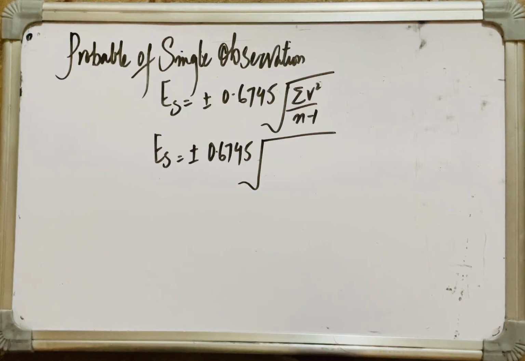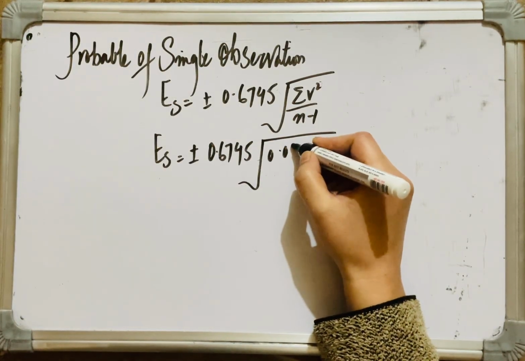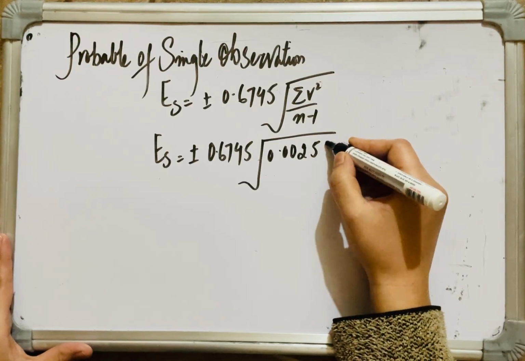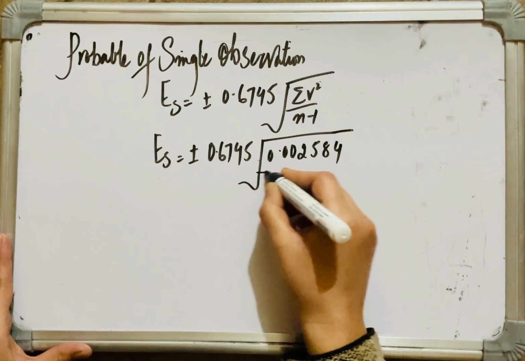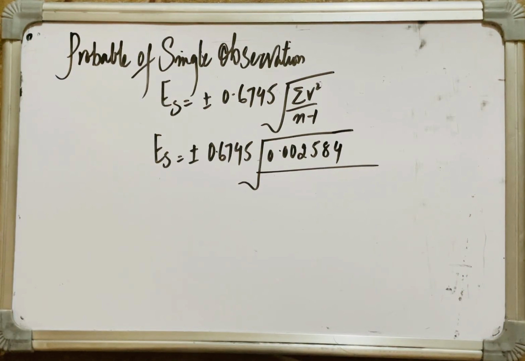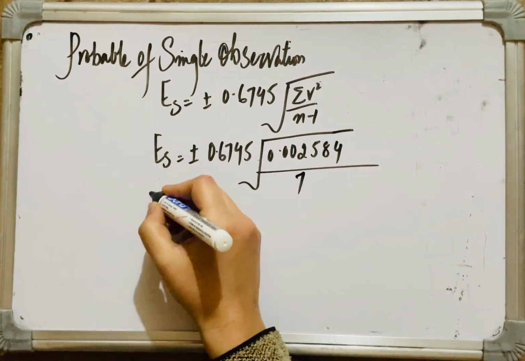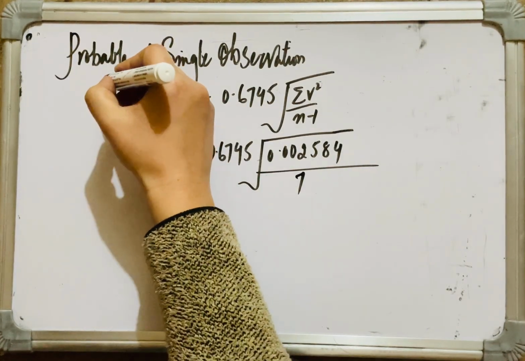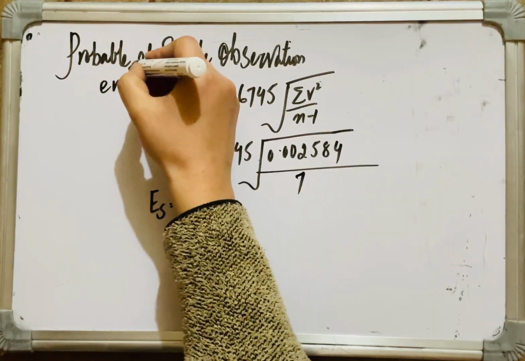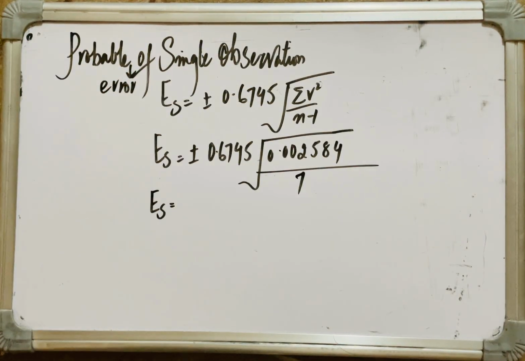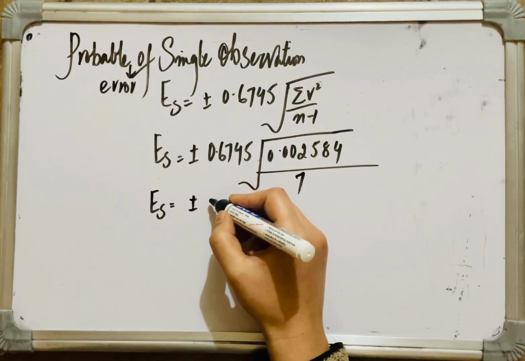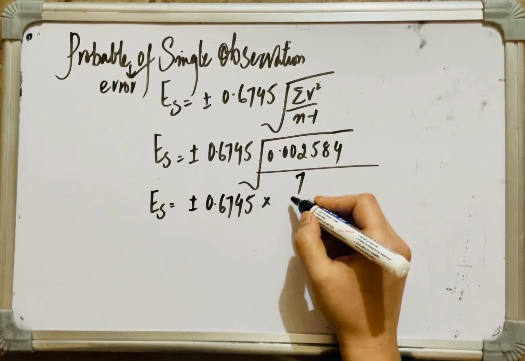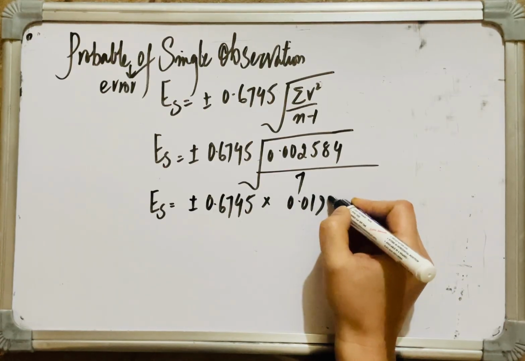So probable error of single observation is equal to plus minus 0.6745 times the square root of summation of v square, which I calculated to be 0.002584, divided by n minus 1. How many readings were taken? 8 readings were taken. So n minus 1 is 7. By calculation, this is equal to 0.0192.